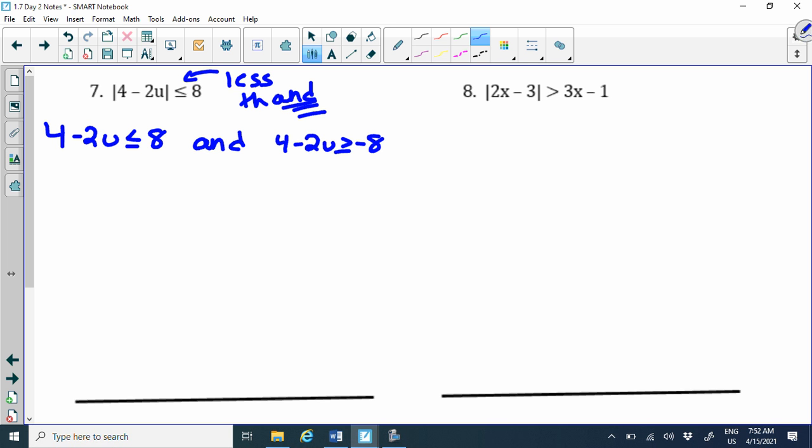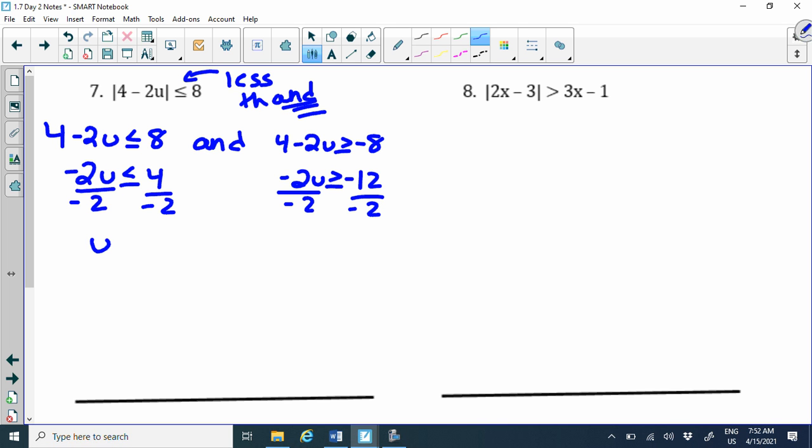Okay, we solve, so I'm going to subtract 4 from both sides, so I get negative 2u less than or equal to 4, and then negative 2u greater than or equal to negative 12. Now I divide both sides by negative 2. So I get u is, now we talked about this actually in our systems of equations unit.